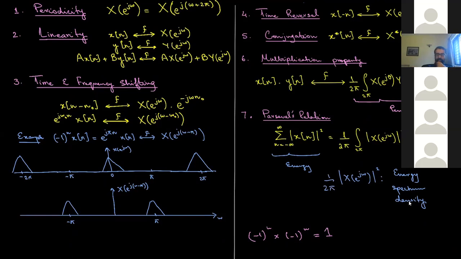Okay. So at any omega, so this is X of e raised to j omega. Any omega, यहाँ पे किसी omega पे मैं value निकालता हूँ. What does this represent? This represents the contribution of the exponential of frequency e raised to j omega n in the time domain signal.